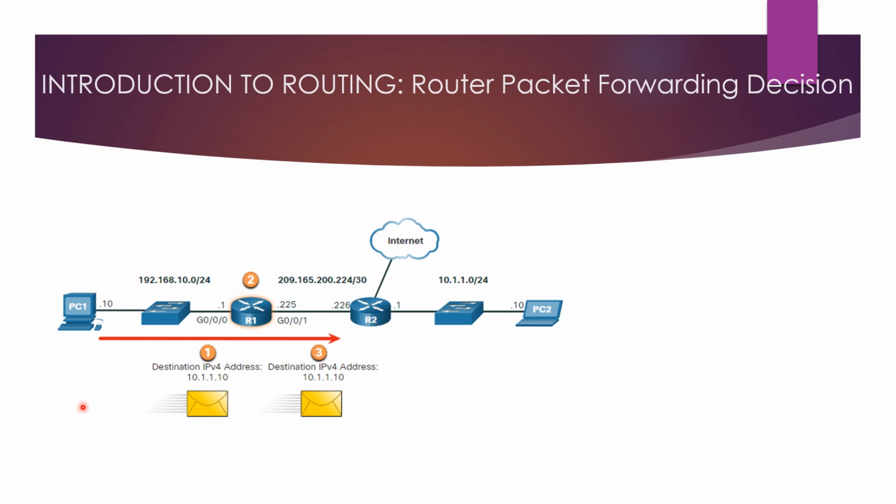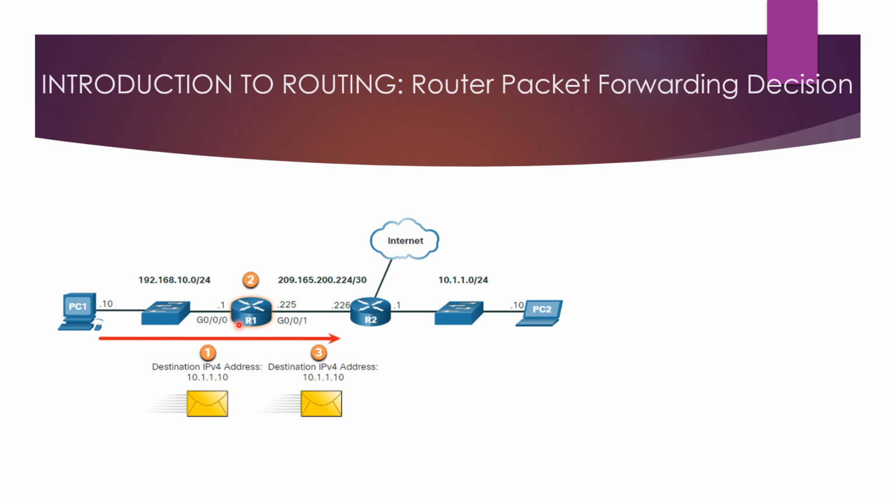When the packet arrives at router 1 through the Gigabit Ethernet interface, router 1 will de-encapsulate the layer 2 Ethernet header and trailer, examine the destination IPv4 address of the packet, and search for the best match in its IPv4 routing table.